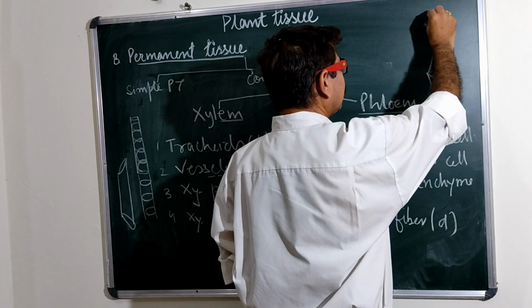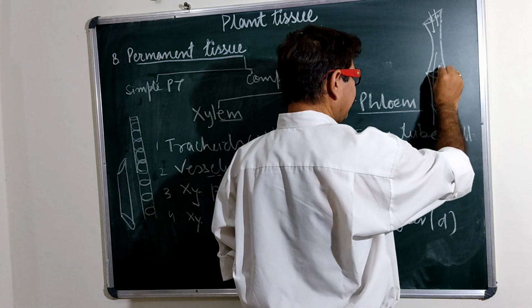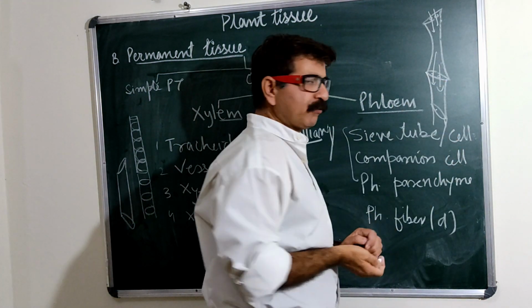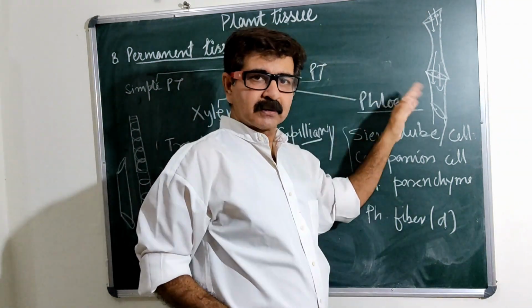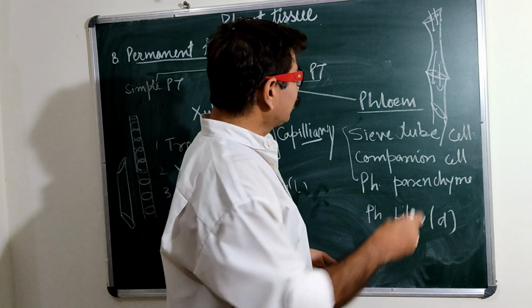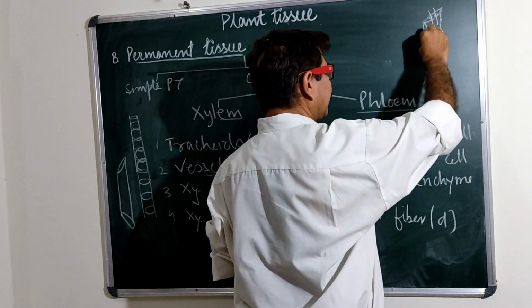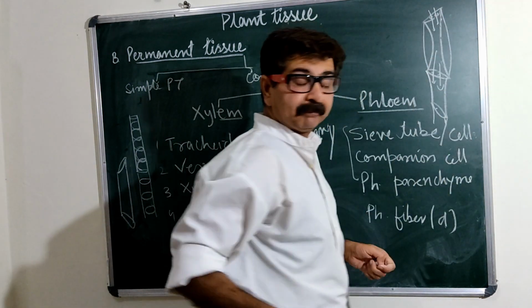And conduction of food occurs through here. As we know, the leaf makes the food. That food is conducted from top to bottom, sometimes in both directions. One more cell is found near here. It is known as a companion cell, and it helps to support them.